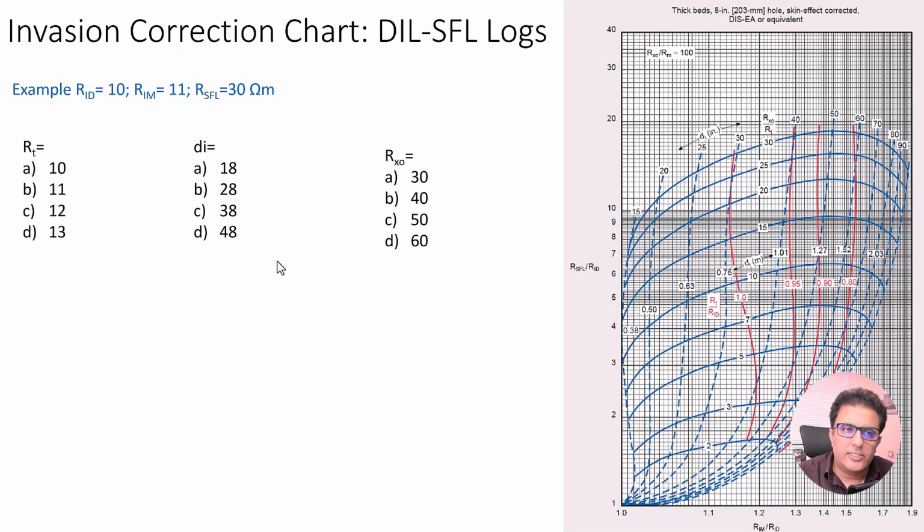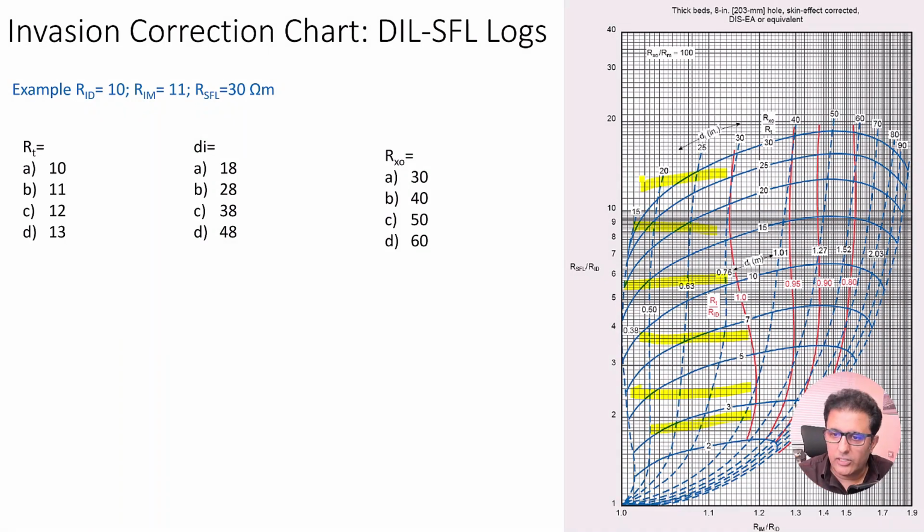Okay, guys, now let's do one more example here. Assume that RID is 10, RIM is 11, and RSFL is 30. Something that I should notice here: if the intersection falls within this area that I'm highlighting here, you see there is no red curve in this area.